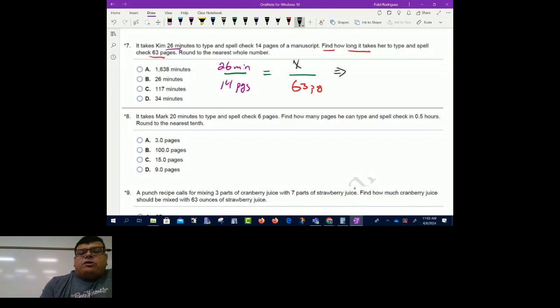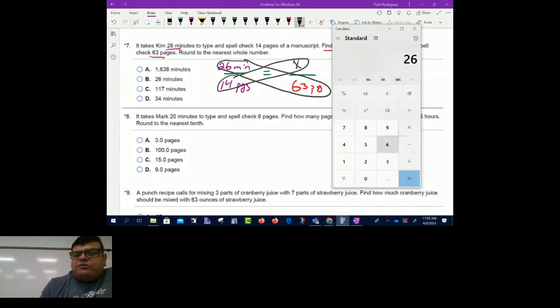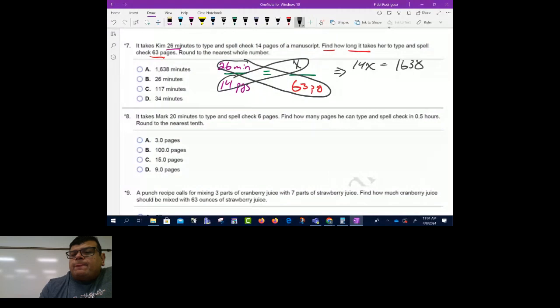All right, so look, y'all, we're going to cross multiply. 14 times x is 14x. Okay. 26, y'all, times 63. I don't know. Let's figure it out. 26 times 63, 1638. And then finally, y'all, we're going to divide everything by 14. Okay, and let's see.